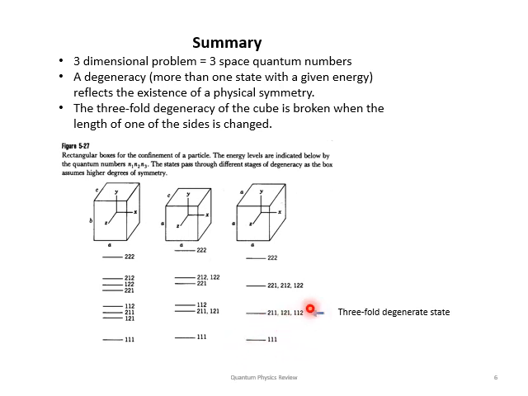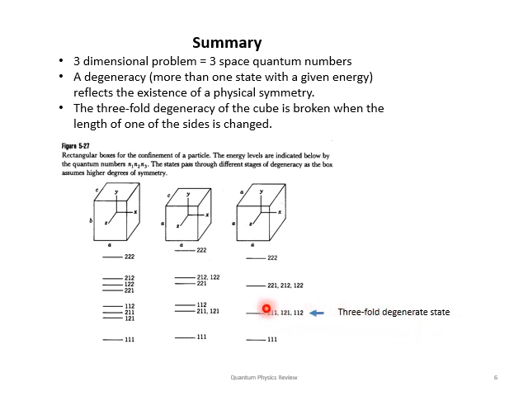For the case where n_x, n_y, and n_z are not the same, where two of them are 1 and the third is 2, then we find that we get the same energy whether the n's are 2, 1, 1, or 1, 2, 1, or 1, 1, 2.